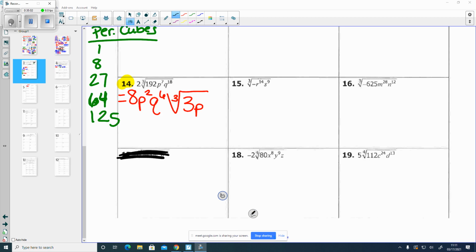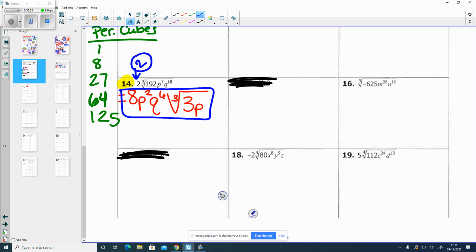All right, so this is the answer to 14, but how did we get there? Because it's a cube root, the index is a 3, so I need to split those so that we get 3s. I'm going to use the whole paper. We're going to ignore the 2 for now. Don't forget about it.